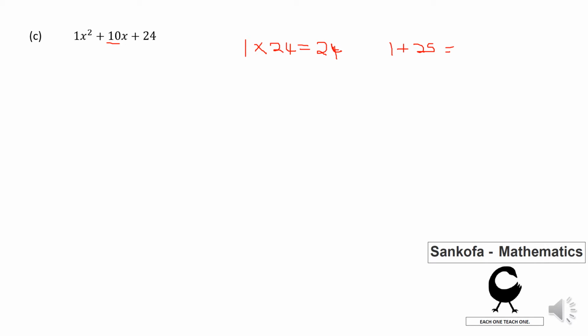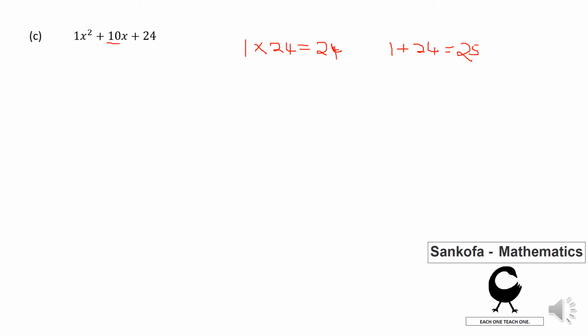All right, so it actually gives you 25. So if you just quickly correct that, 1 plus 24 gives you 25, and we are looking for 10.